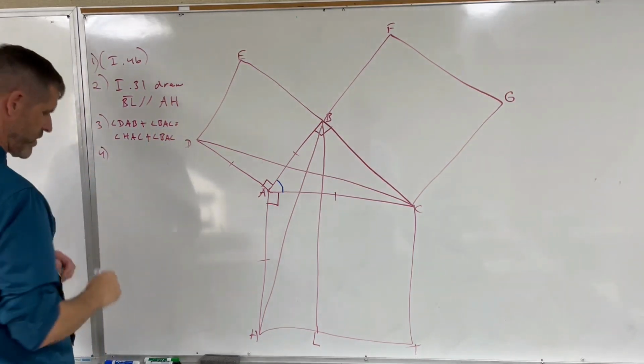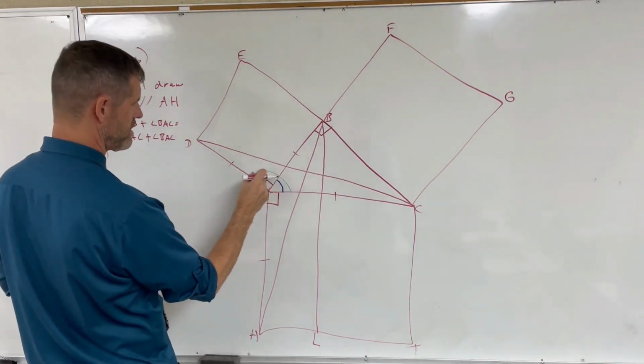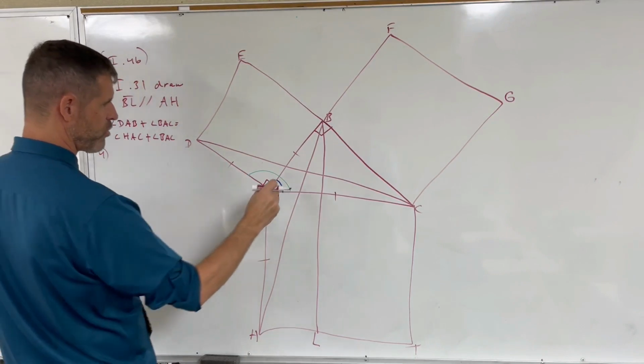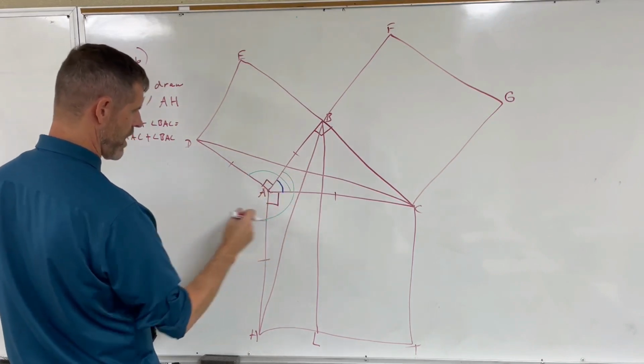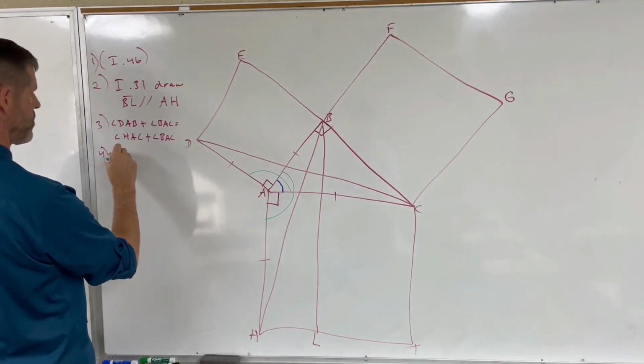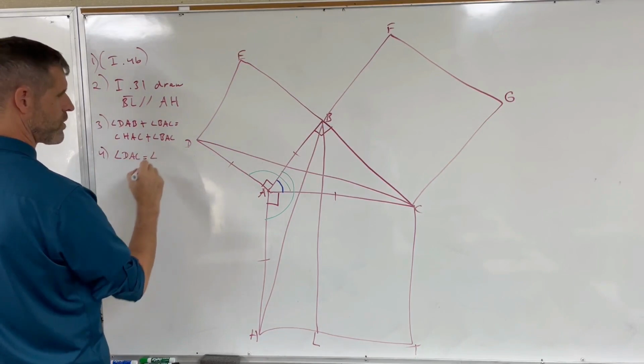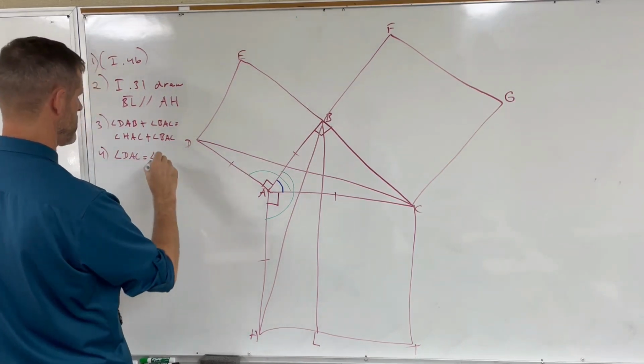So basically we can say, I'll draw it in green, that this whole angle right there in green will be equal to this whole angle in green. So you can say that the whole angle DAC is equal to the whole angle HAB.